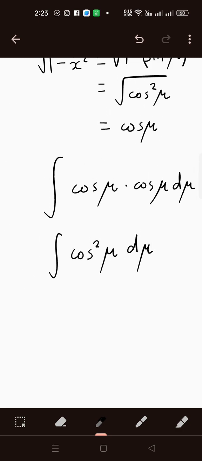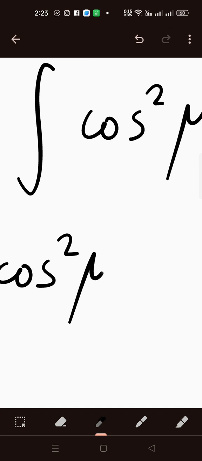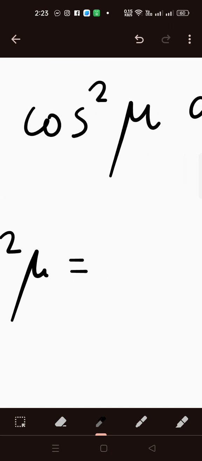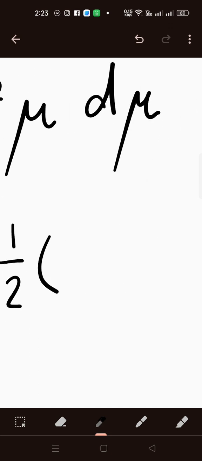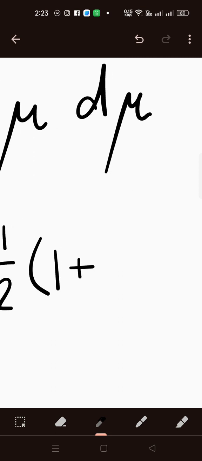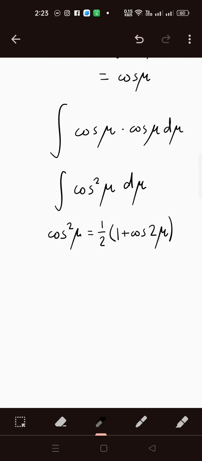And you guys can use a double angle identity from this one. So recall from the identity that cosine squared mu is equal to 1/2 times 1 plus cosine 2 mu, or 2 theta.